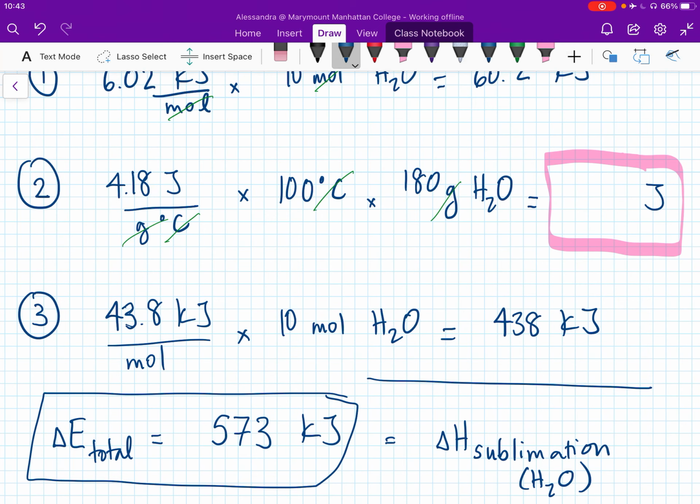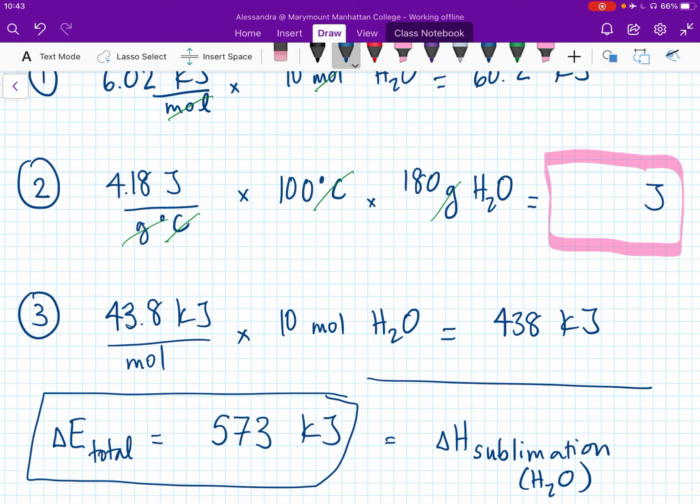Sublimation, of course, is the phase transition from solid to vapor. Okay, and what we did here was we took 10 moles of water and we started with ice at 0 degrees and we ended up with vapor at 100 degrees.